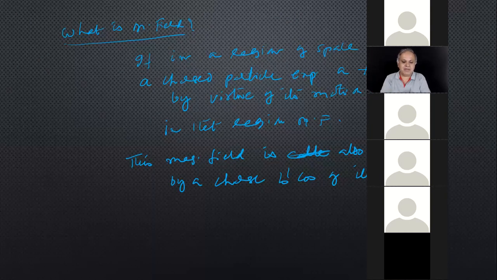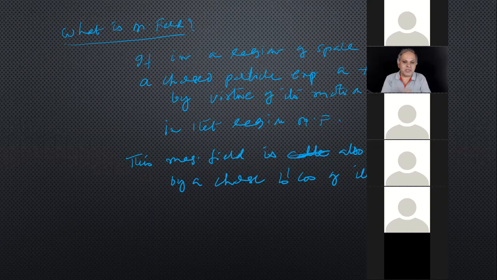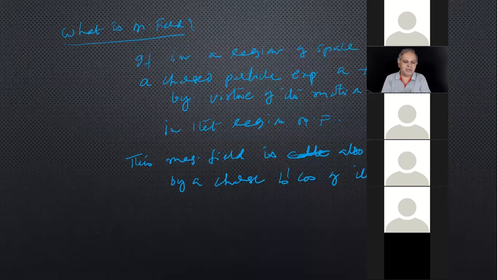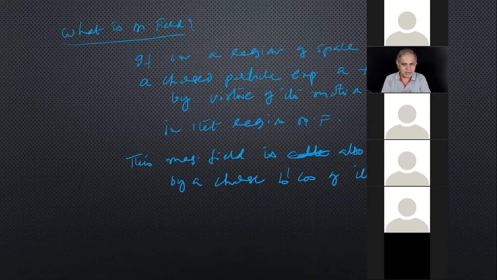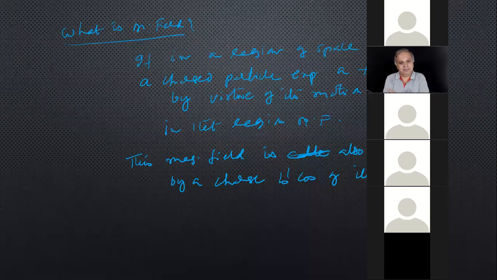The first statement, Guru Charan, is about the force experienced, and the reason is the field. The second statement is about the cause of that field. Both are charges only.